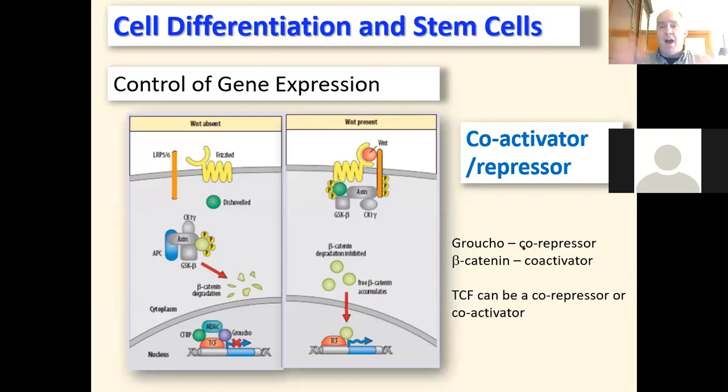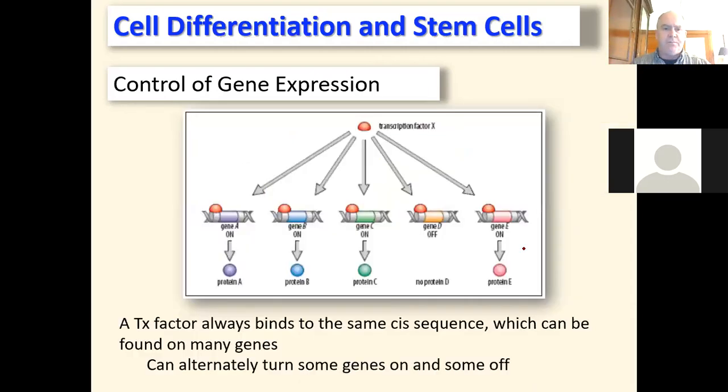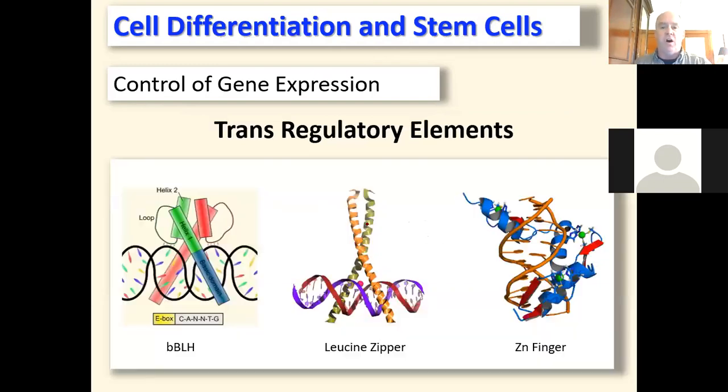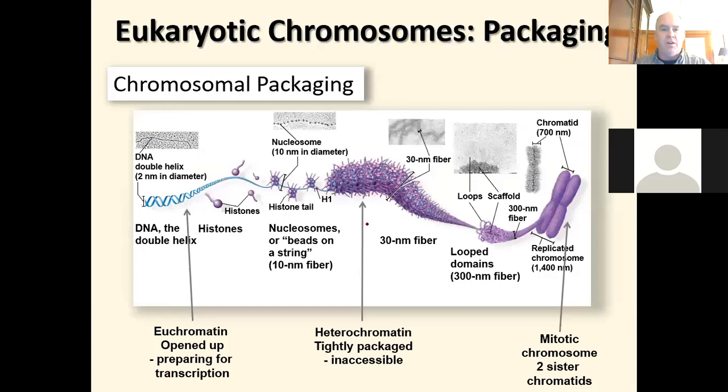Now to step back, if this whole region of DNA is wound up with histones, then transcription factors can't bind to it, so it's going to be off. That whole section of the gene will be turned off, and that's what we're talking about here, where control of the condensation of the chromosomes can control gene transcription.